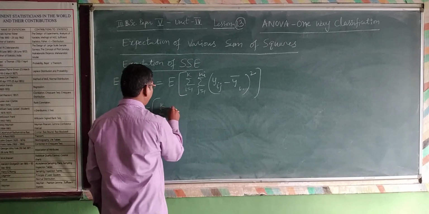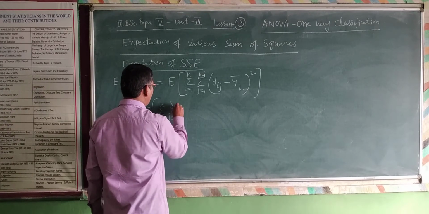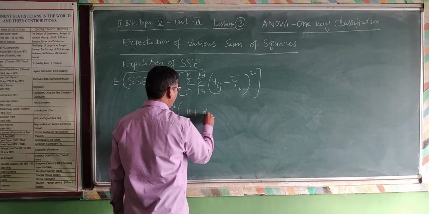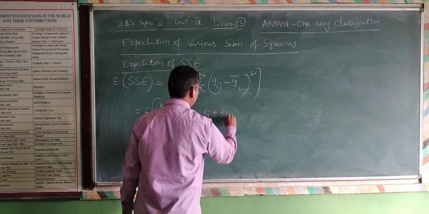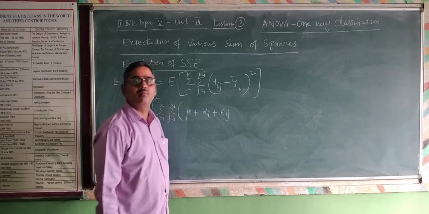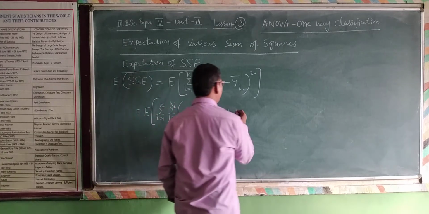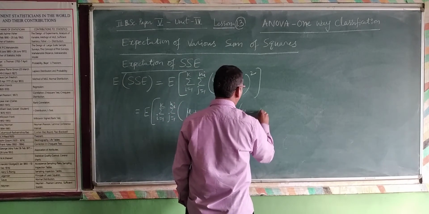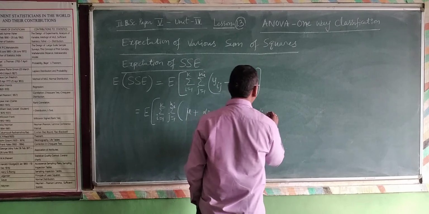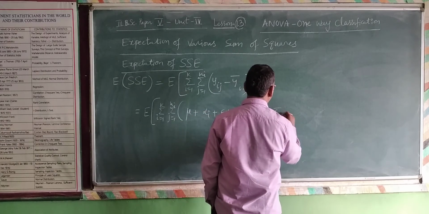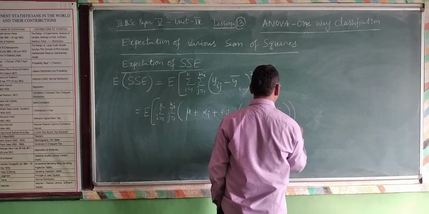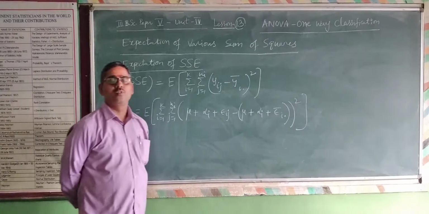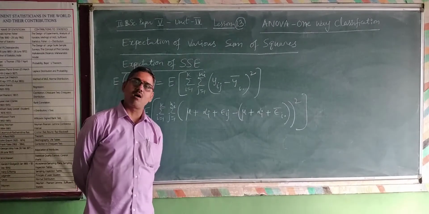Remember and recollect, the value of yij is mu plus alpha i plus epsilon ij, the mathematical model, and y bar i dot is mu plus alpha i plus epsilon bar i dot.